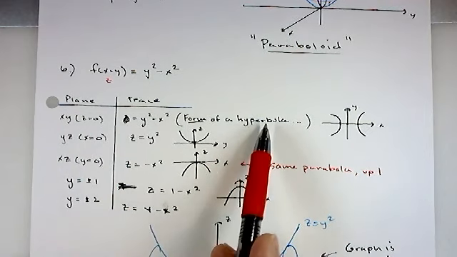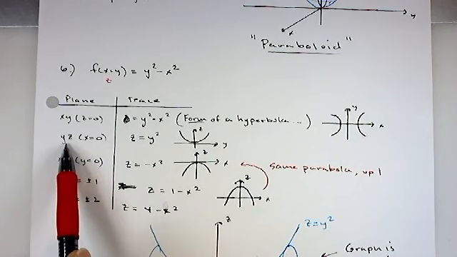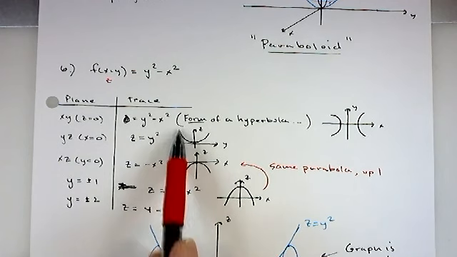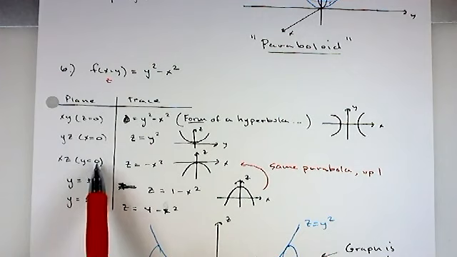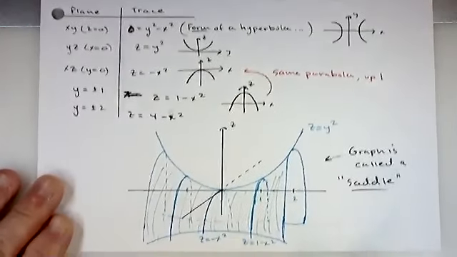Hyperbolas are not super friendly to graph. So let's move on to x equals 0. That gives me z equals y squared. We had that graph on our paraboloid, the one before. And then when y is 0, we're getting z equals negative x squared. Let's see how those graphs look on my overall shape here.